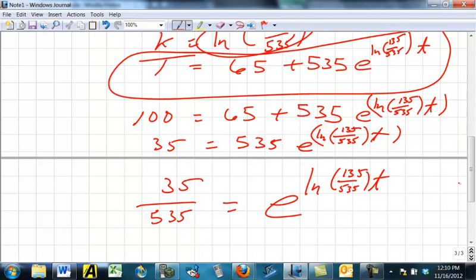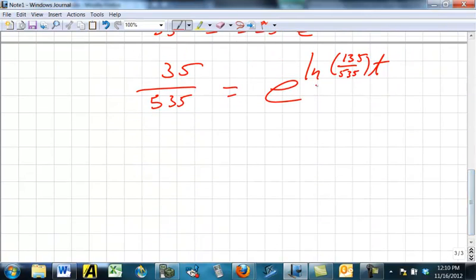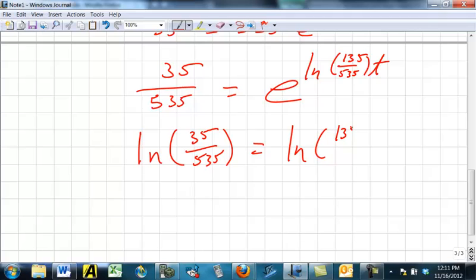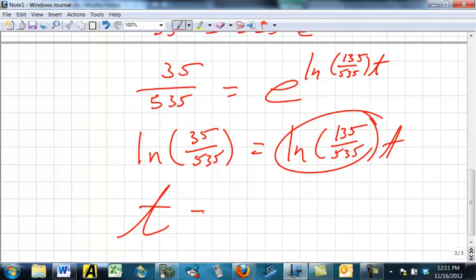Take the logarithm now to get at the power. So this is log base e of 35 over 535. When we take the logarithm, this side all cancels, leaving just the power. Divide by this coefficient to get t by itself.